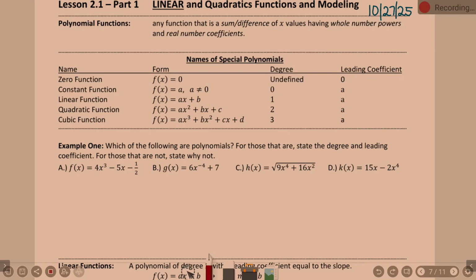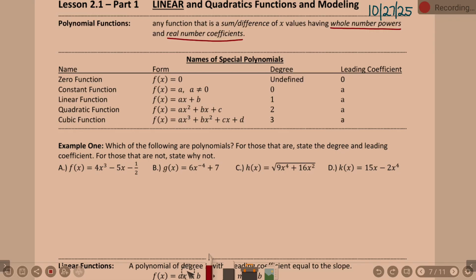Now, the key is they have to have whole number powers and they have to have real number coefficients. Those will be the two key pieces, because part of what we're going to do today is distinguish: is this a polynomial function or is it not a polynomial function?